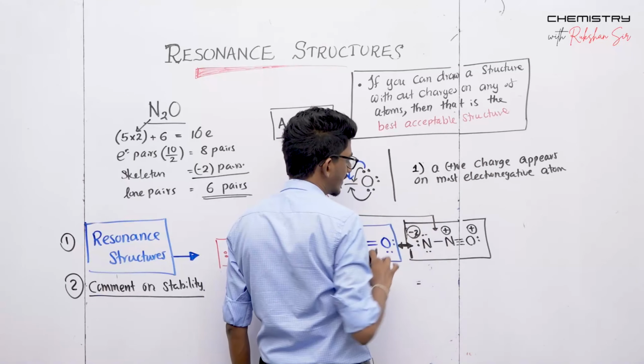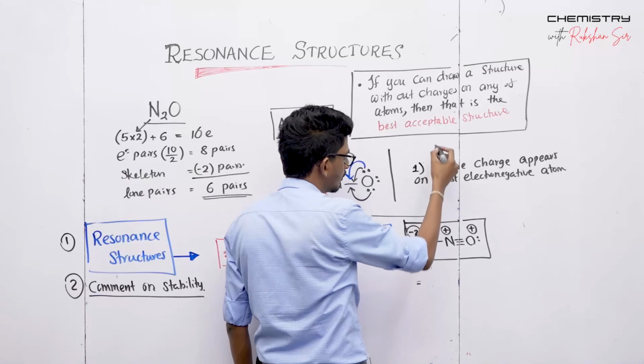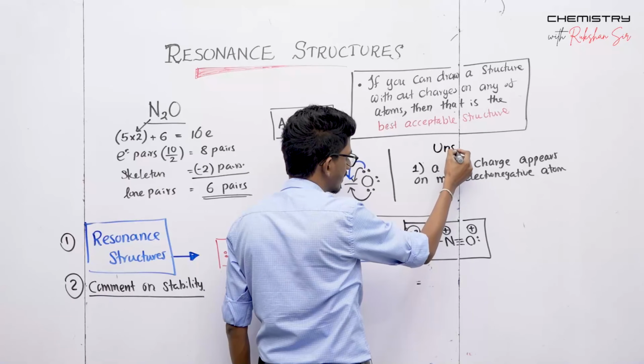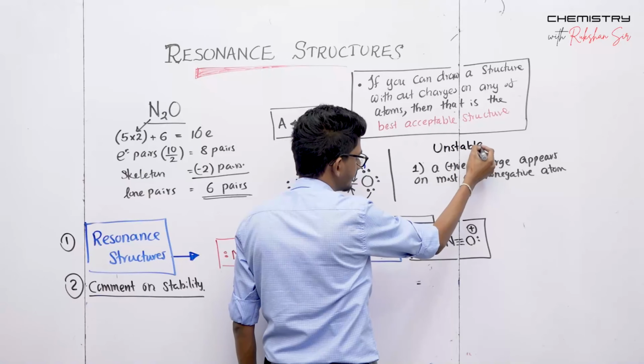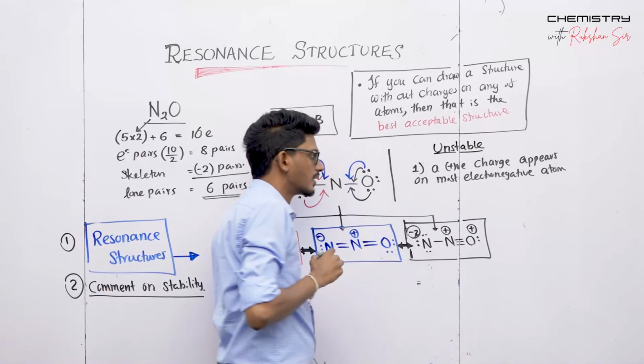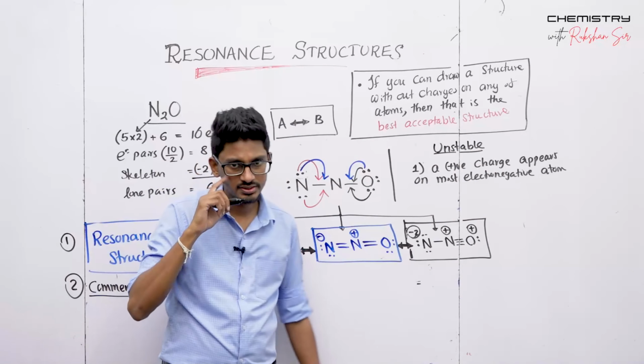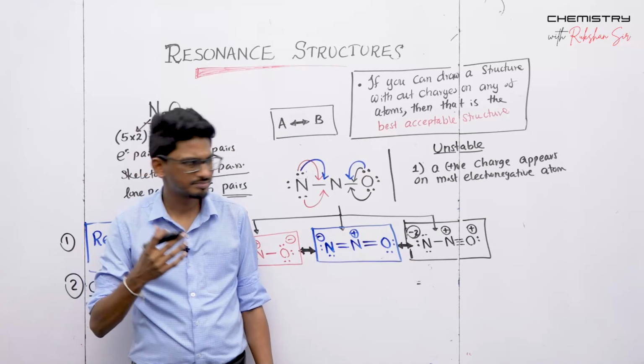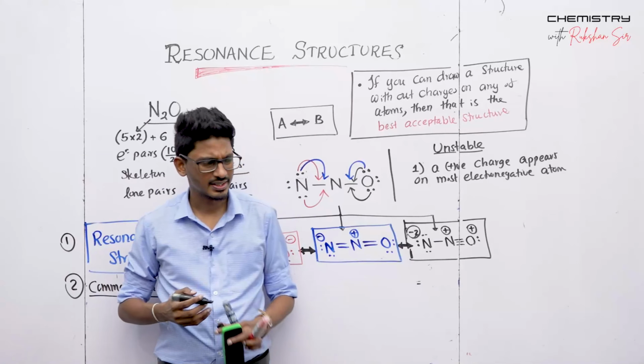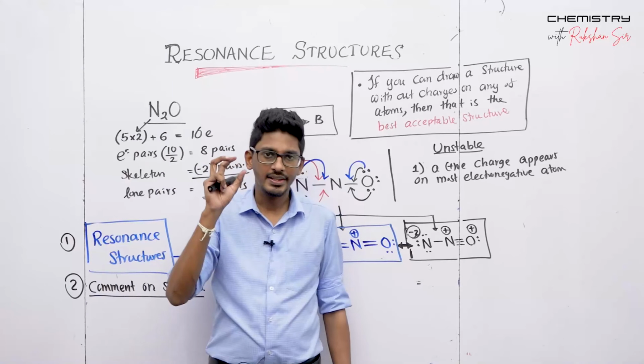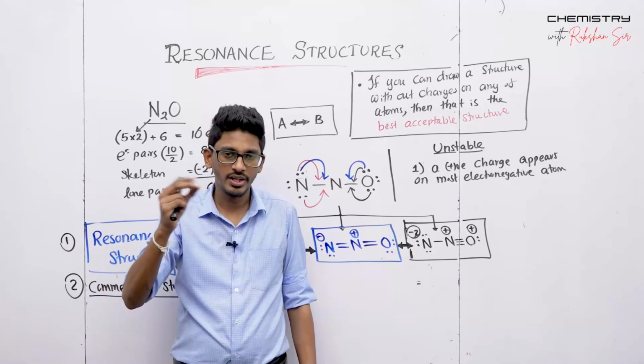So if this thing is there, we consider the structure as an unstable one. Why is that? Always ask why is that. The reason is electronegative atoms are the ones which are more keen on electrons.